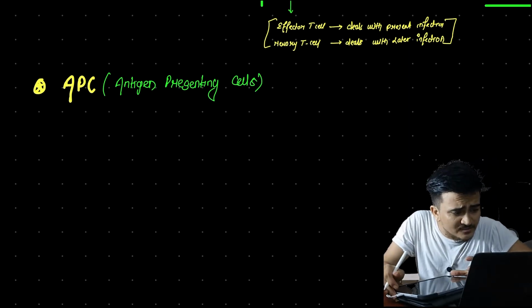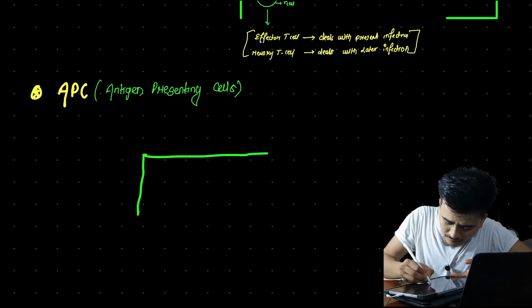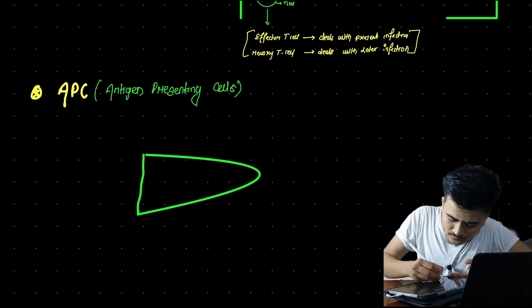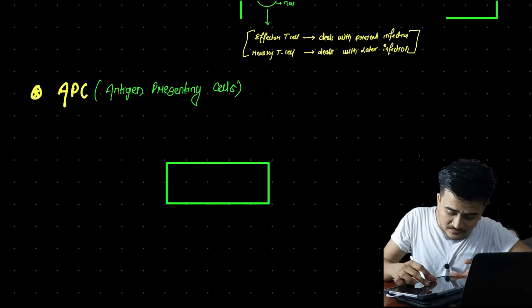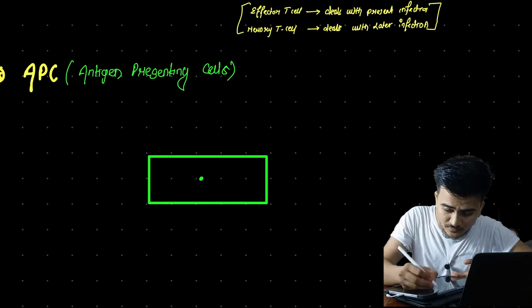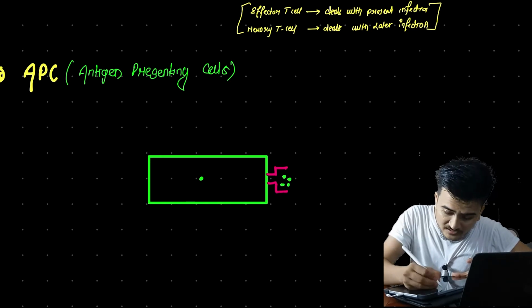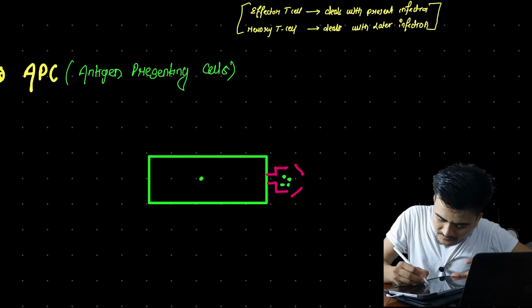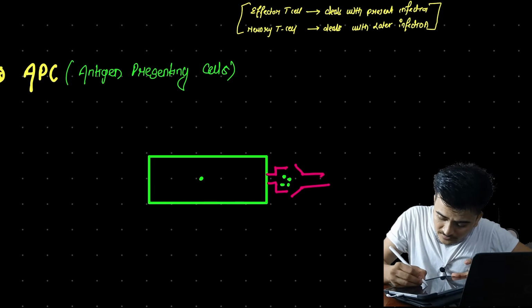Talking about antigen presenting cells, I'd like to draw one antigen presenting cell that we have already mentioned above. This is our APC. This is the nucleus of APC. As we have already mentioned, there was one MHC on its surface that was expressing antigen to the T cell receptor, and this T cell receptor was present on the surface of T cells.